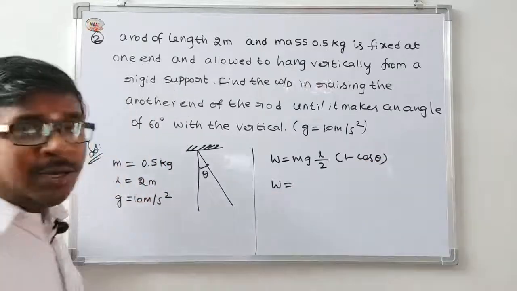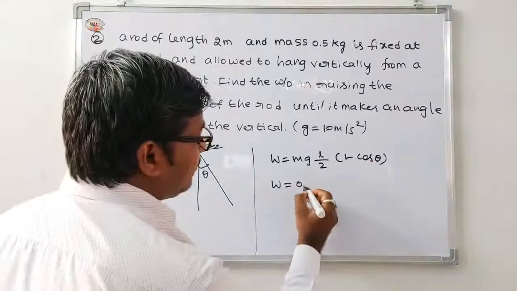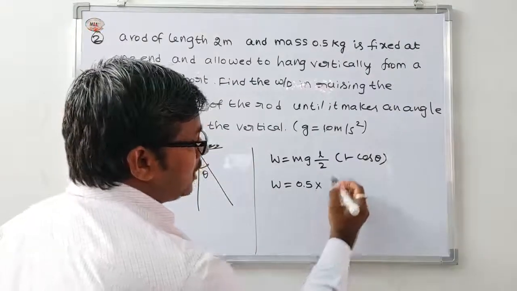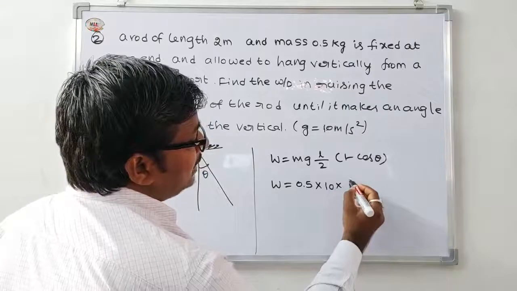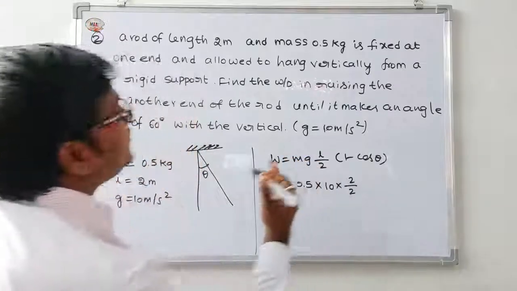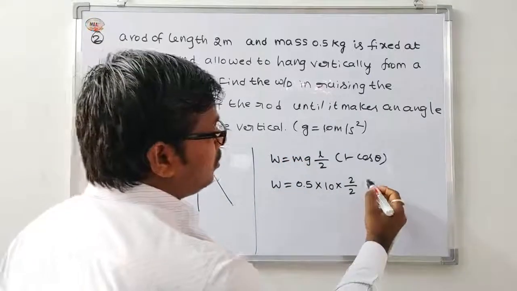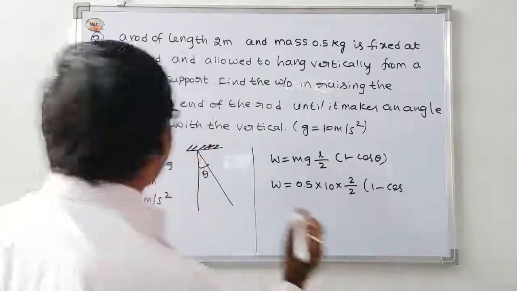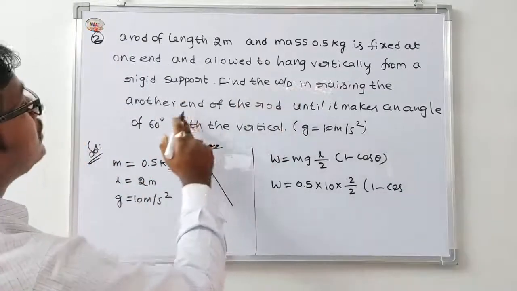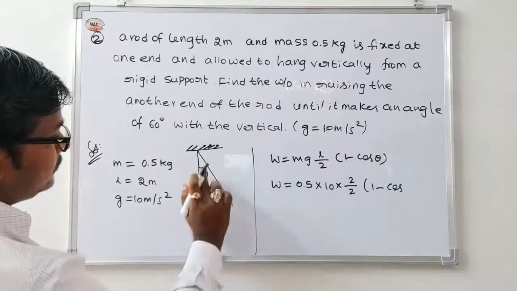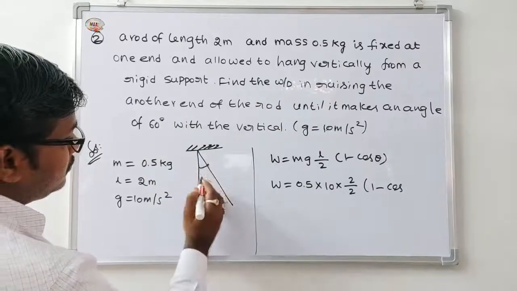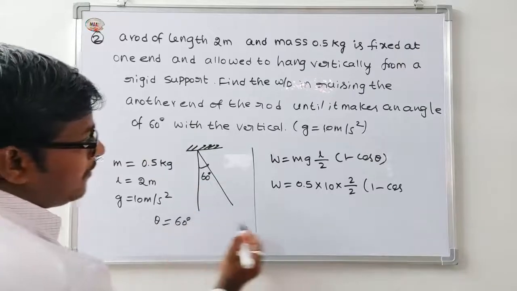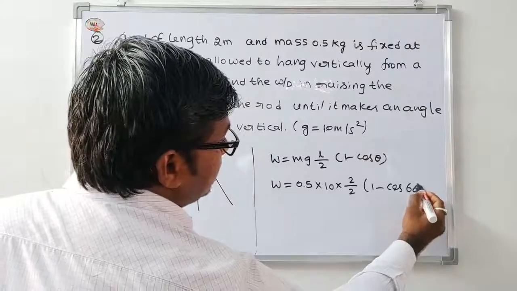W is equal to mass 0.5 into acceleration due to gravity 10 into l by 2, 2 meters length, 2 by 2, into 1 minus cos theta. The theta value is 60 degree. Cos 60 is 1 by 2.